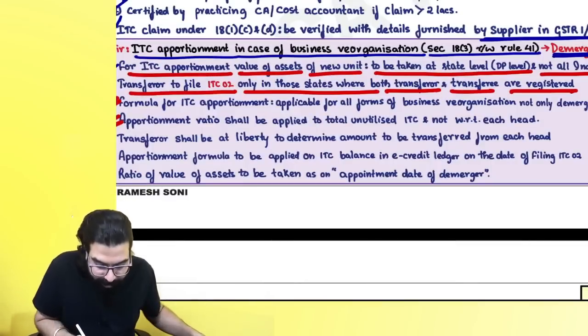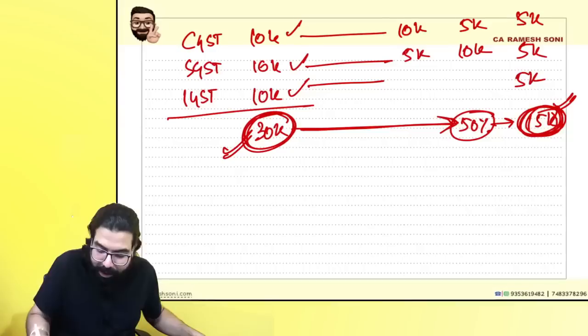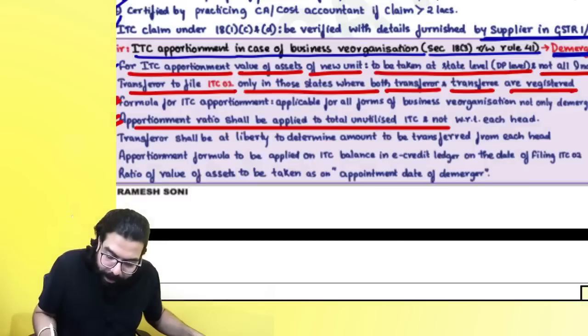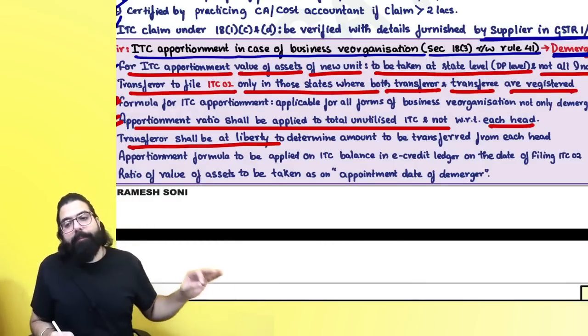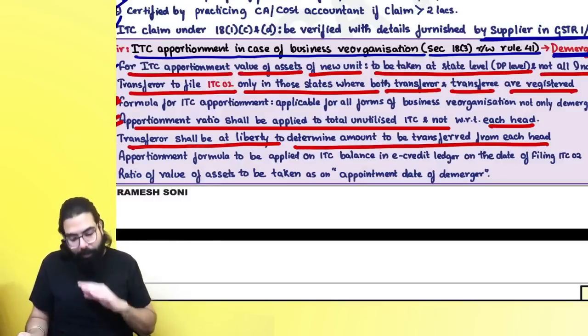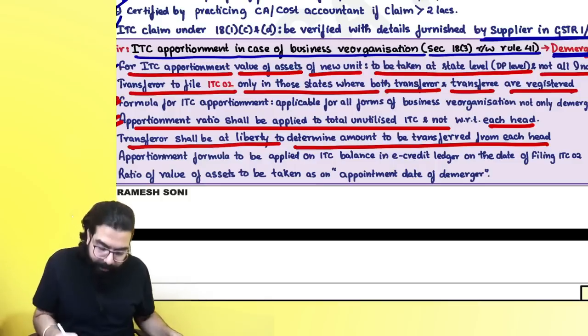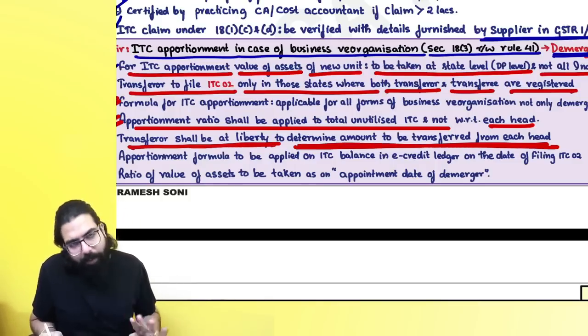That's what government is telling. Sir, apportionment ratio, please apply on the total unutilized amount, and not each head wise. And you are at liberty, you can transfer from any head, whichever you want. It says transferor is at liberty to determine the amount to be transferred from each head.